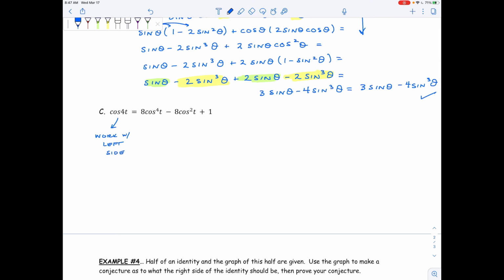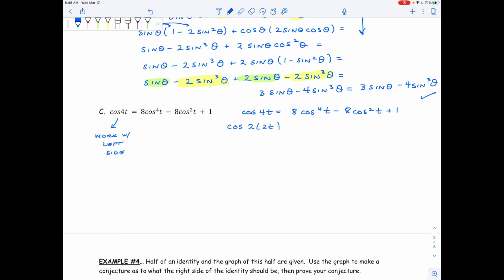Now the way that I would write that, let's start by rewriting the problem. And I'm going to replace cosine 4t with cosine of twice 2t, and leave the right side alone.